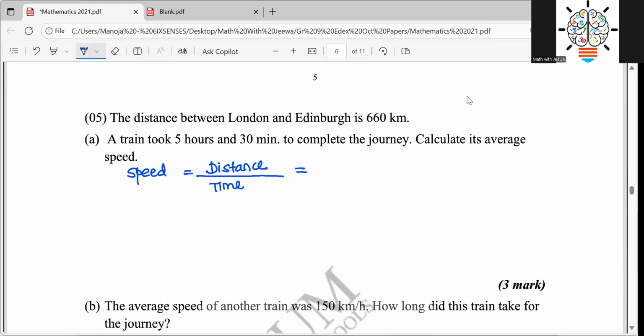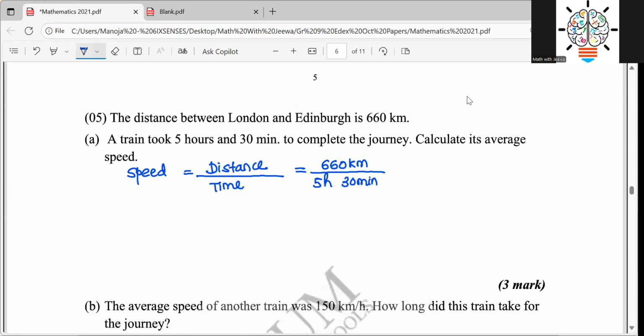So 660 kilometers, and then 5 hours and 30 minutes.